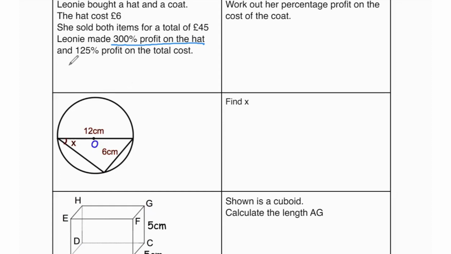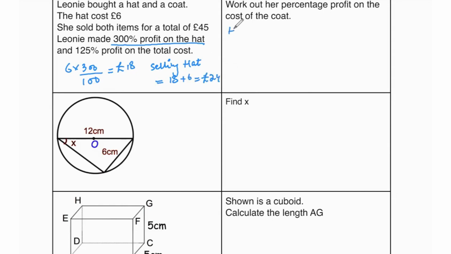So let's find 300% of 6, which is going to be £18. This is the profit that she made on the hat. So selling price of the hat is 18 plus 6, which is £24.